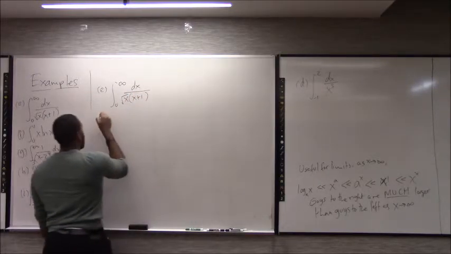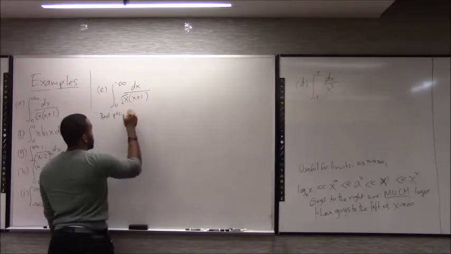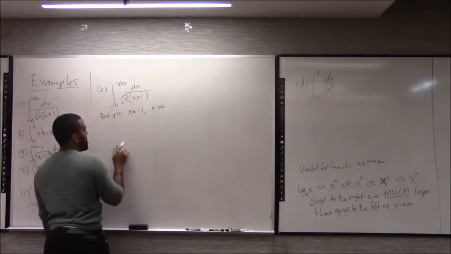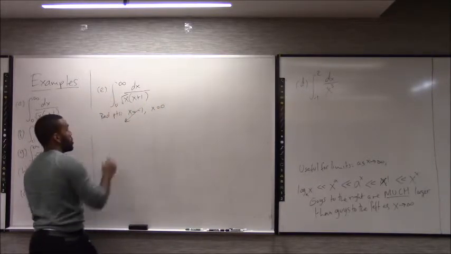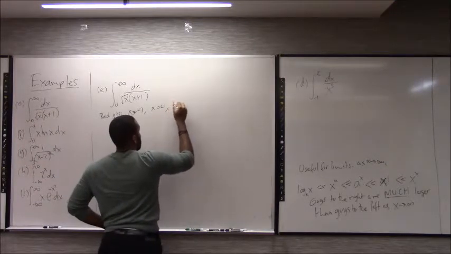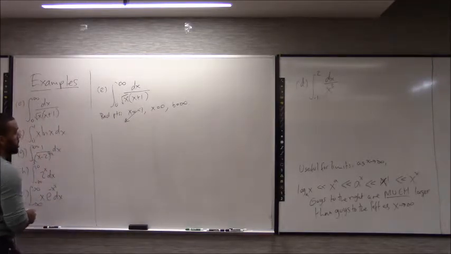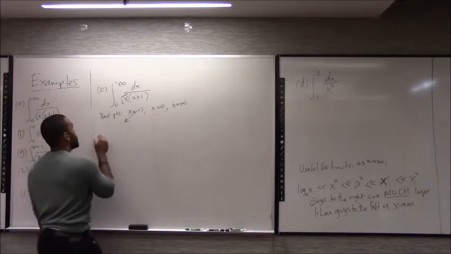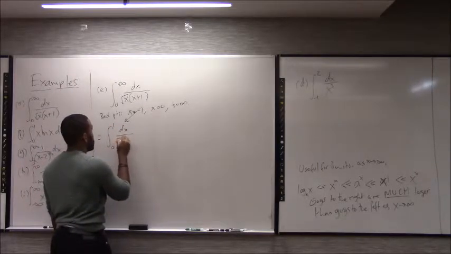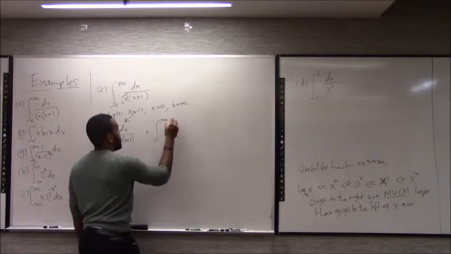What are the bad points? -1, 0, infinity. And notice that this one does not apply because we're 0 or larger. So also the infinite limit is going to be an issue. So we really care about the 0 and the infinity. So break this up, say 0 to 1, plus 1 to infinity.